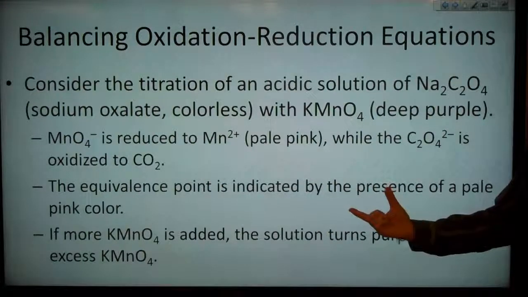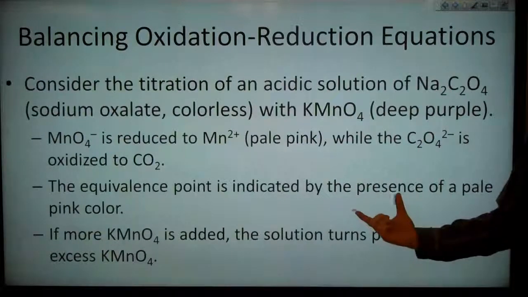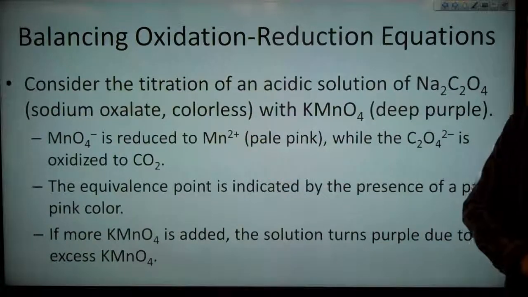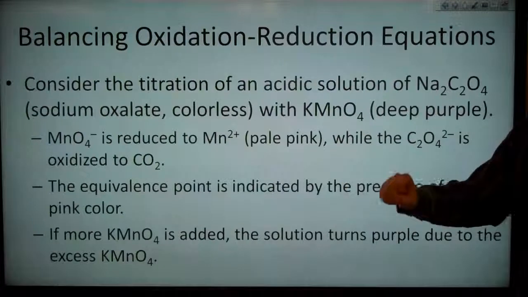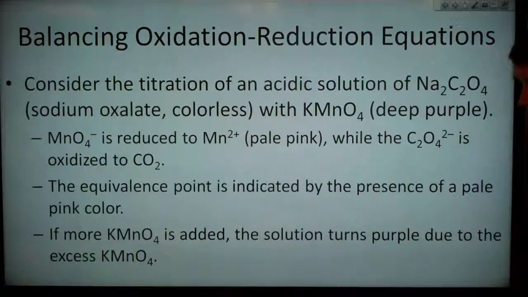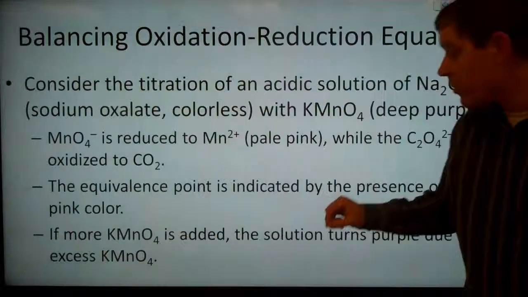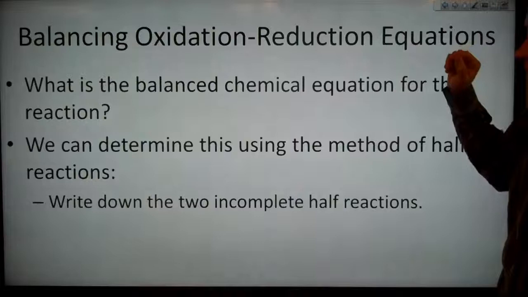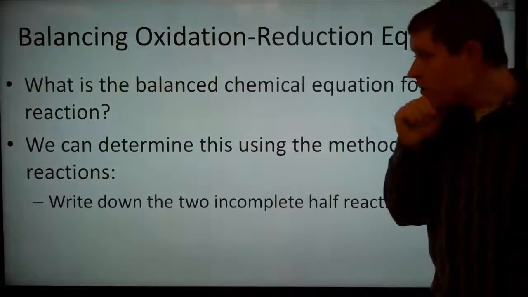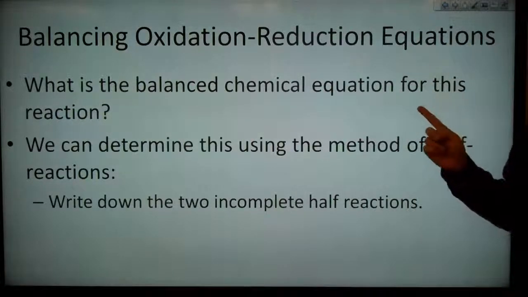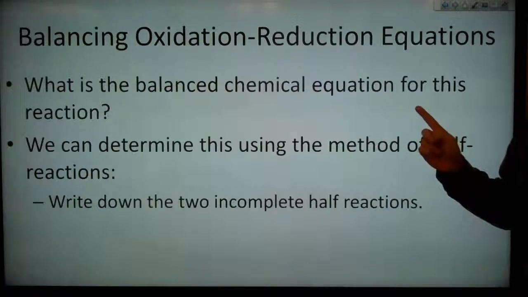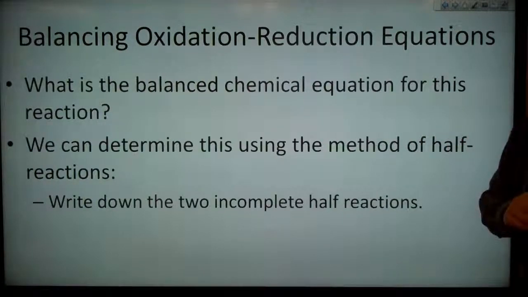Our equivalence point is indicated by the presence of a pale pink color, showing our manganese ion. If we add more potassium permanganate, then the solution will turn purple because of an excess of potassium permanganate. So what is our balanced chemical equation for this reaction? I want you to pause the video and find out. Write it down.